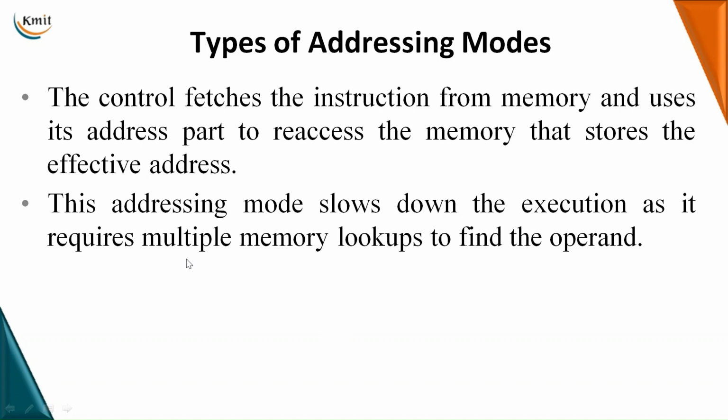The control fetches the instruction from the memory and uses its address part to re-access the memory that stores the effective address. This type of addressing mode slows down the execution because you require multiple memory accesses in order to find the operand.